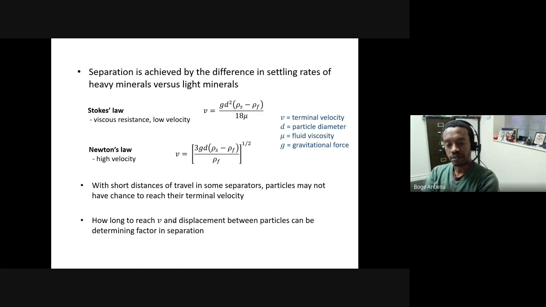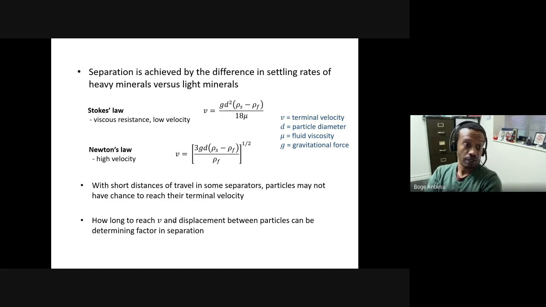And those differences in settling rates usually depend on the density of the particles and the size of the particles. Those two, density and size of particles, will determine how fast or how slow particles settle in a separator.